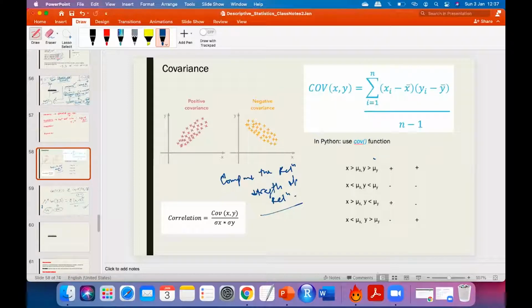See, let's say there are two students. I know that the number of hours they study and marks are positively correlated. That means the more you study, the more you will perform, right? So if I plot your graph and my graph, both will be positively related, or have positive covariance. But is it possible that both of us will perform in the same way?